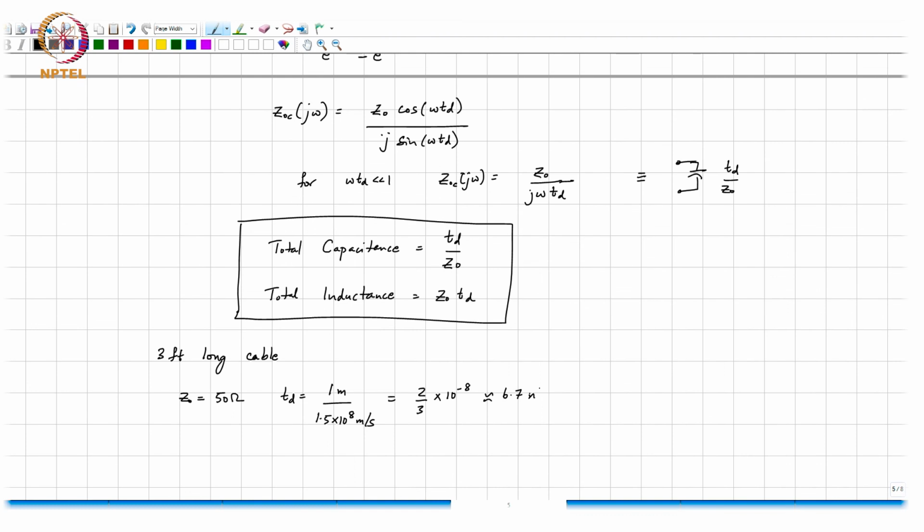Yeah. Alright. So, the capacitance therefore is 6.7 nanoseconds divided by 50, which is about 130 picofarads.